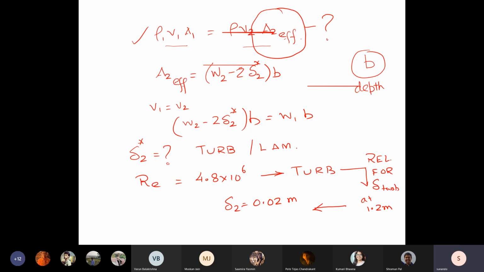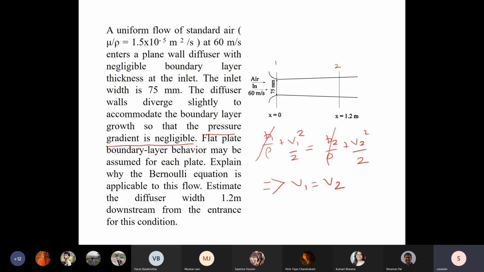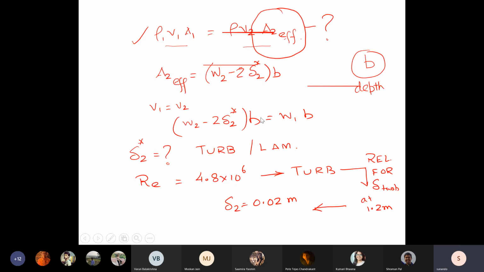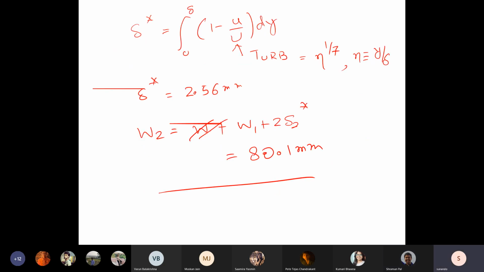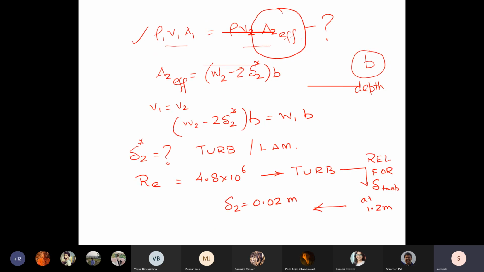As B is not specified in the problem, we do not have any other recourse to solve the problem if we do not assume that B is large. Does that answer your question? Yes, sir. Okay. But that's a very good point. Normally, for a finite size width, we need to consider development of boundary layer from the side walls as well.